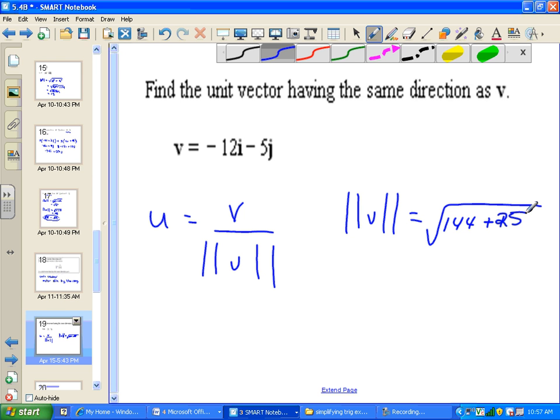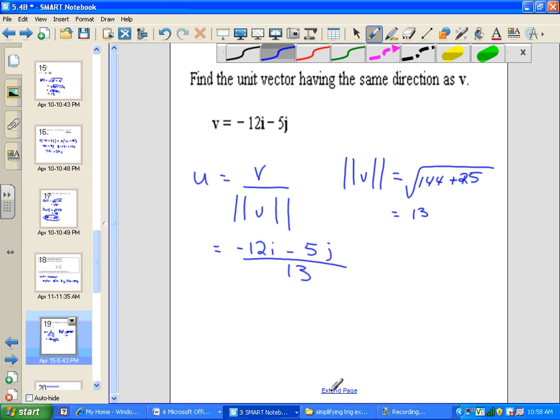And that would be the same one that we did earlier, I think, isn't it? Yeah, 13. So now, we're going to take the vector and divide it by 13. So we're going to have negative 12i minus 5j over 13.